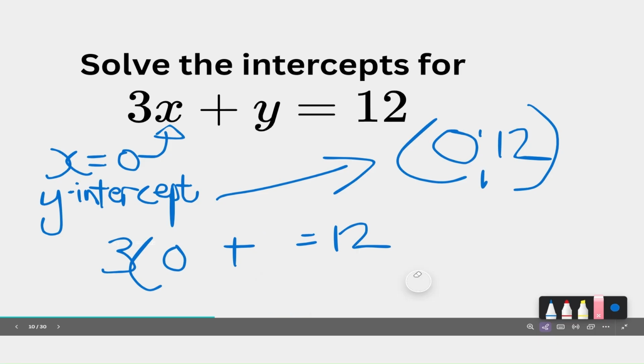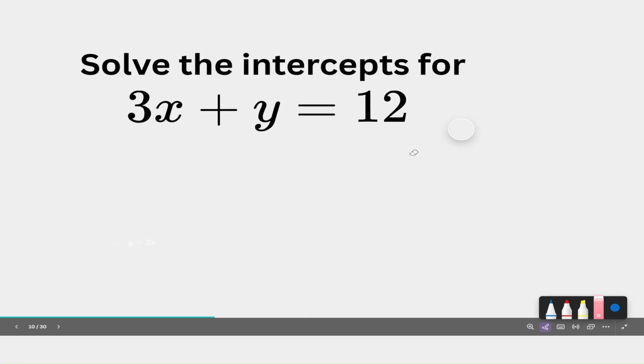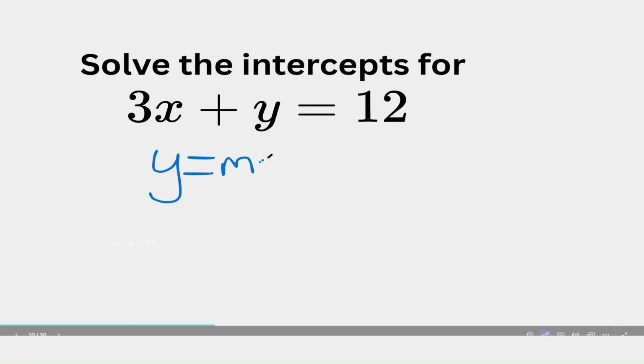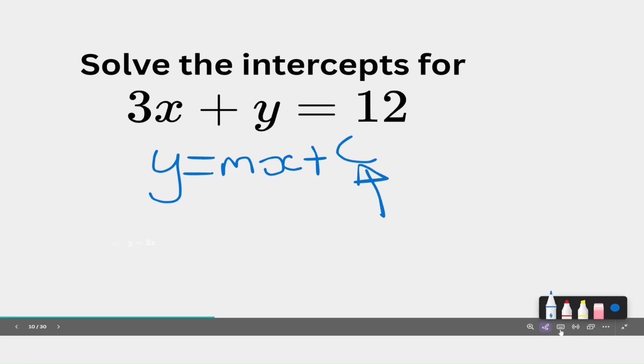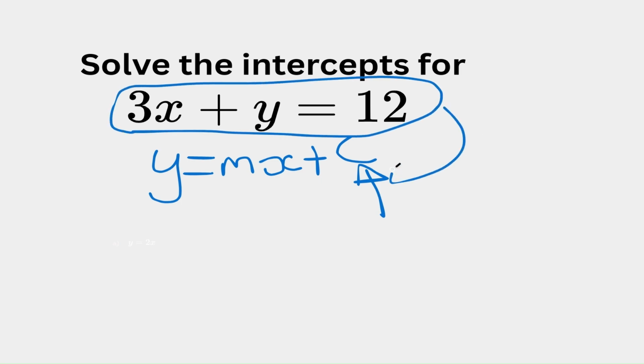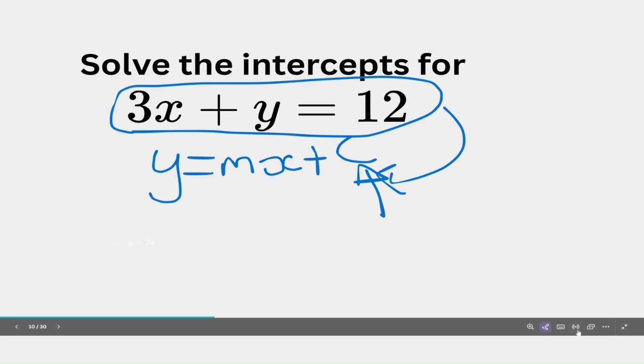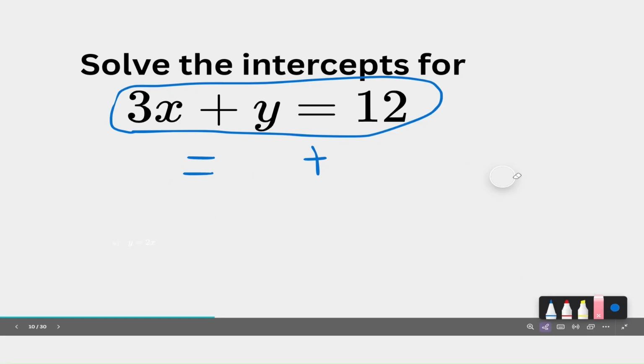Also, what I want to show you is this is now a straight line. And if we think of our straight line format, y = mx + c, we know c is our y-intercept. But we see this equation is not yet in the straight line format, so we can shift things around a bit.